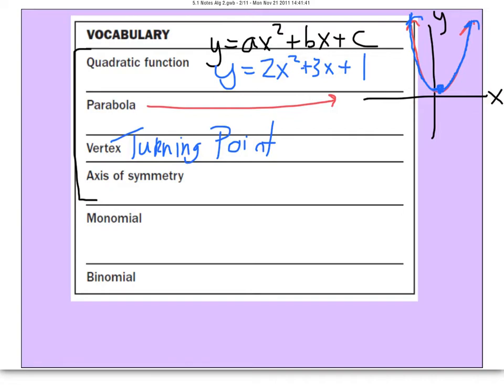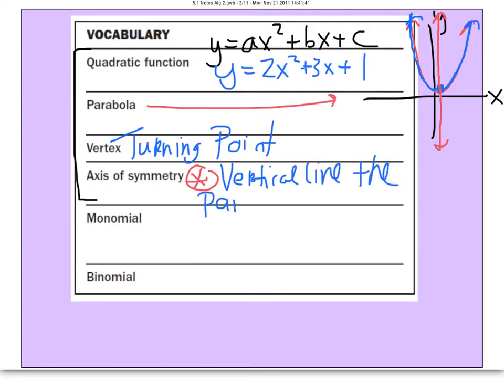Now, through the turning point is an imaginary line that's kind of like a mirror. If I were to come into here through this vertex, and draw this imaginary vertical line, what that is called is the axis of symmetry. And what it is, it's a vertical line the parabola reflects over.